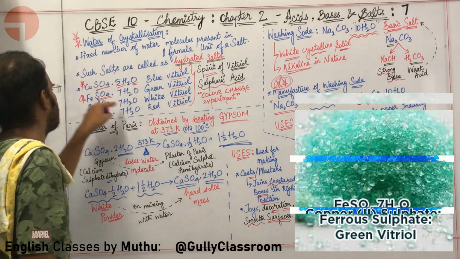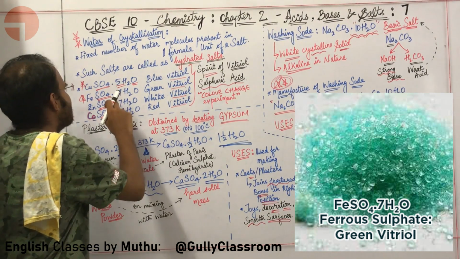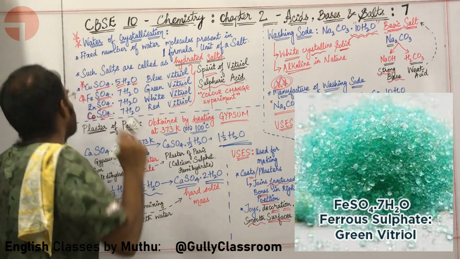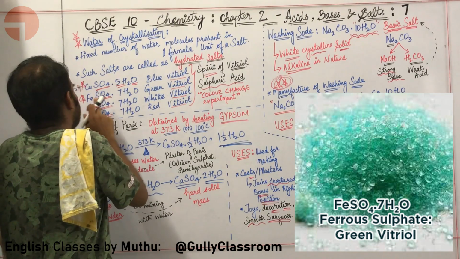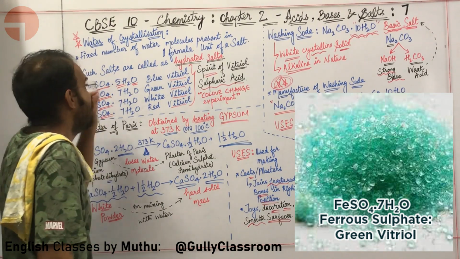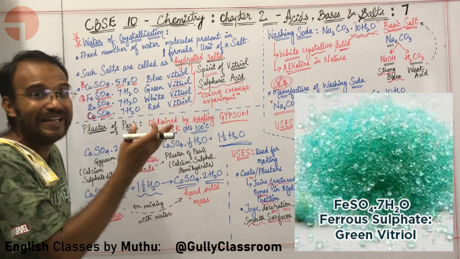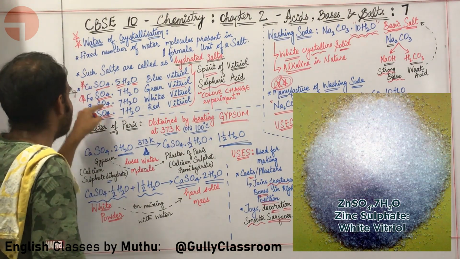Okay, sir. What about FeSO4? Ferrous sulfate. Each and every molecule of ferrous sulfate holds on to 7 molecules of water. FeSO4 dot 7 H2O. It forms green vitriol. As the name indicates, it is green in color. What about ZnSO4, sir?